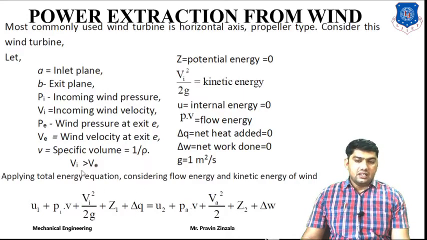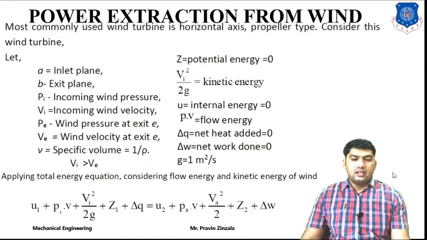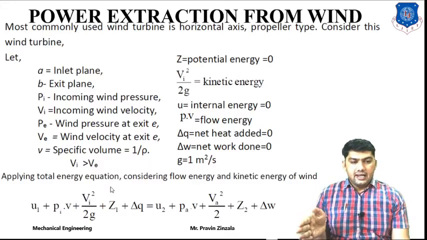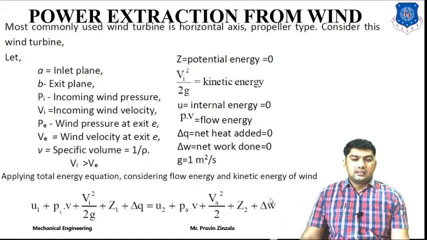So the incoming side is equal to the inlet plane. For the inlet plane we are considering PA. So it is equal to U2 meaning internal energy, flow energy, kinetic energy, potential energy and net work done. So this is the energy balance equation between the inlet plane and incoming side.